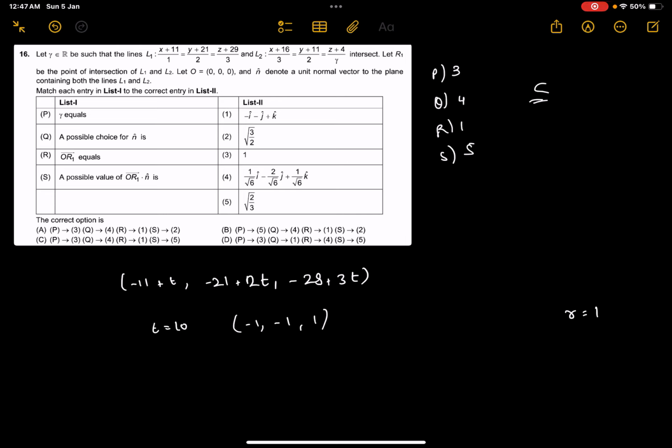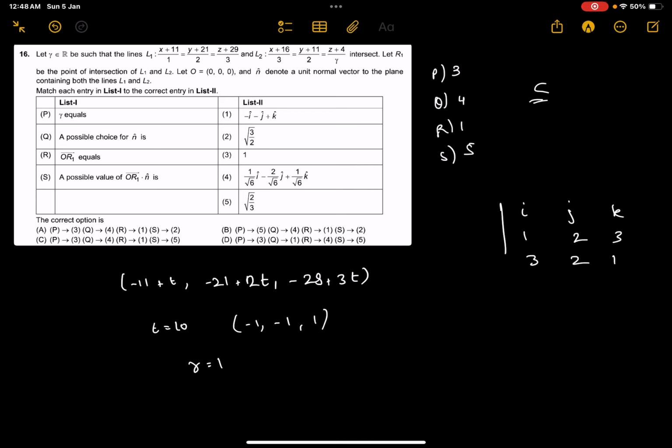So we have OR1, we have gamma. The possible choice for n cap: we have to find a vector which is perpendicular to the plane which contains the lines with slopes 1 comma 2 comma 3 and 3 comma 2 comma 1. So all we need is the cross product of these two vectors.